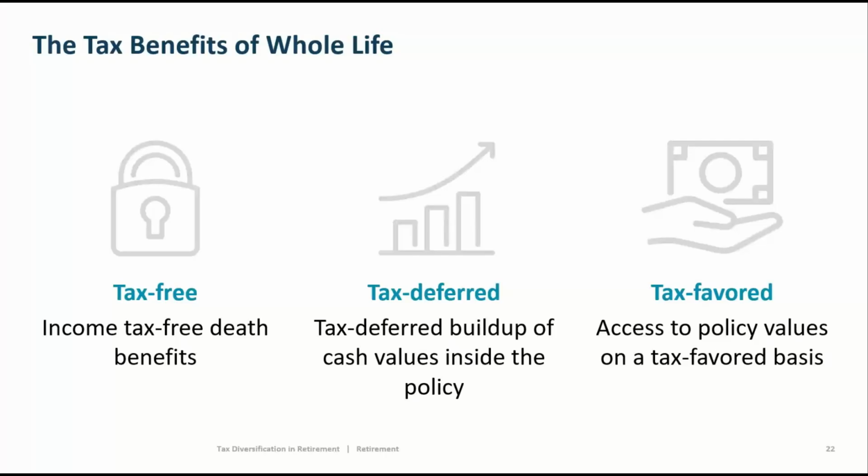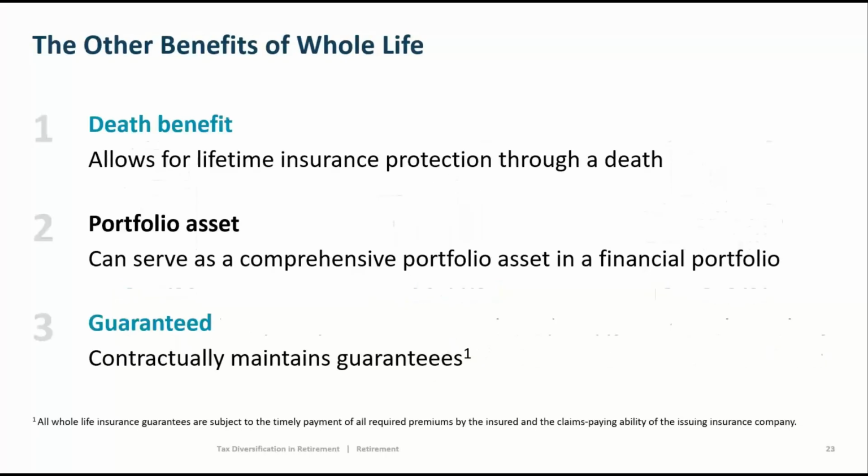So as you're paying in, as dividends are credited to the policy, you've got cash value that's building and you're not paying taxes while it's growing. And then you have access to the cash values on a tax-favored basis. You can do a loan, you can do a withdrawal. There's different ways for you to access the cash. And again, as long as you structure that properly, you can do so on a tax-favored basis.